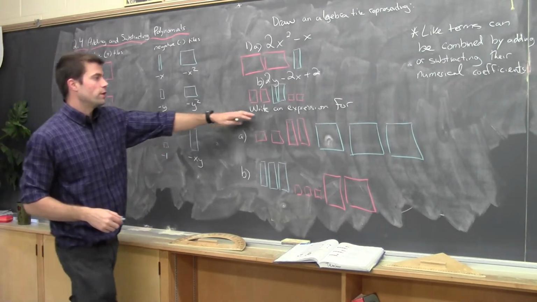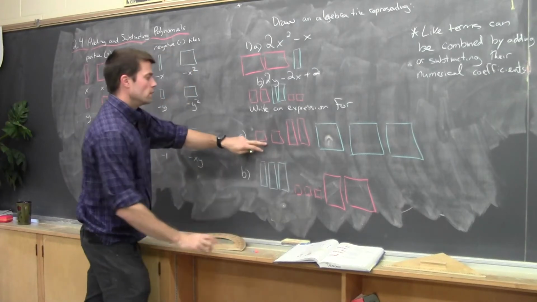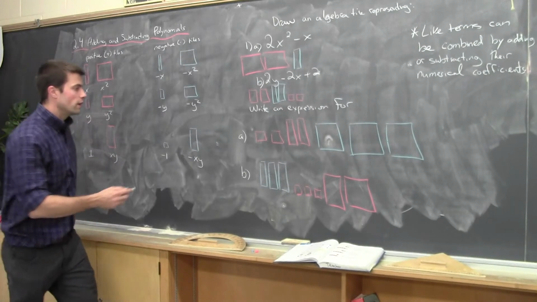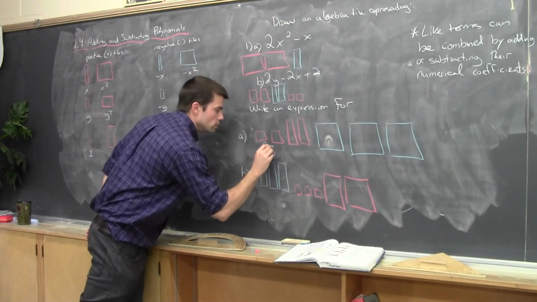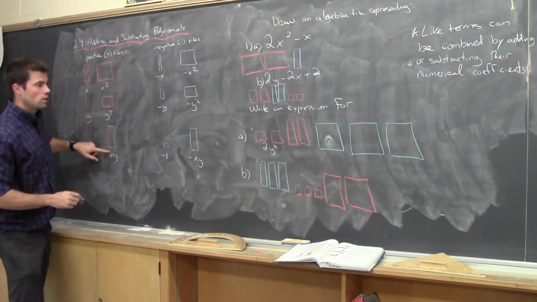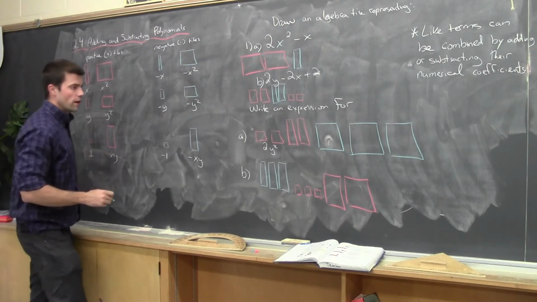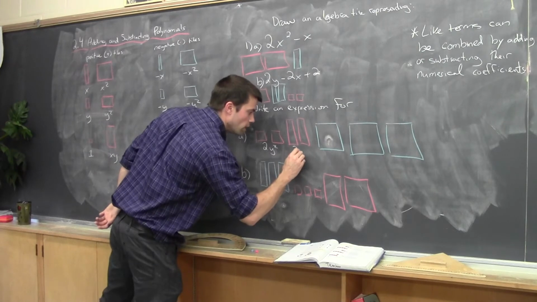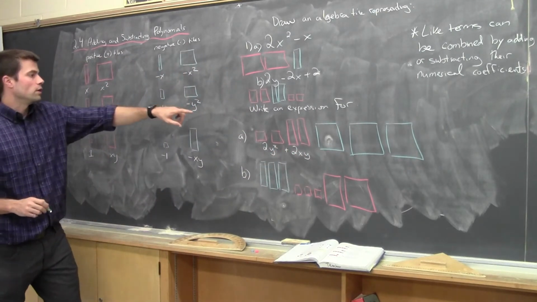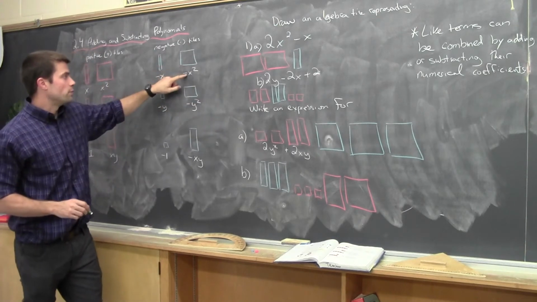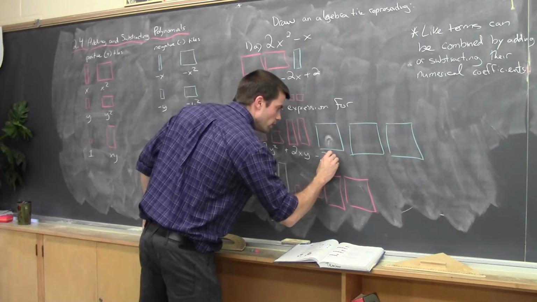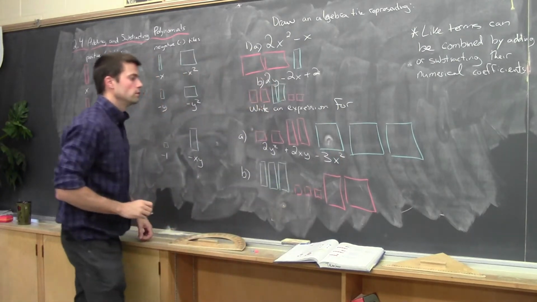All right, so now it says write an expression for this. Well, these are the same size as y, so in this case we have 2y squared. Two tall rectangles. These are xy, so we have 2xy. Again, it's positive. And then finally, three large blue squares represent negative, so we have negative 3x squared.